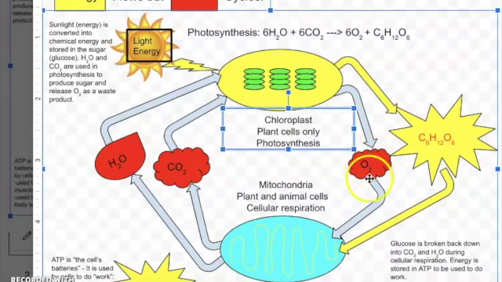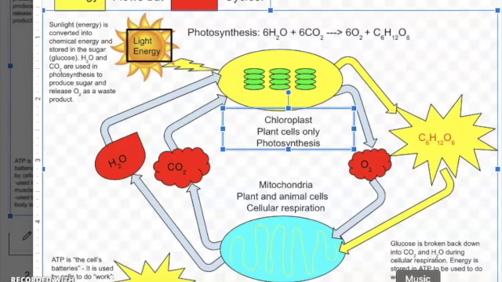We have our reactants here for cellular respiration. So the products of photosynthesis are what is needed in cellular respiration to actually create usable ATP for non-producers, for consumers. So for our animals, for us.